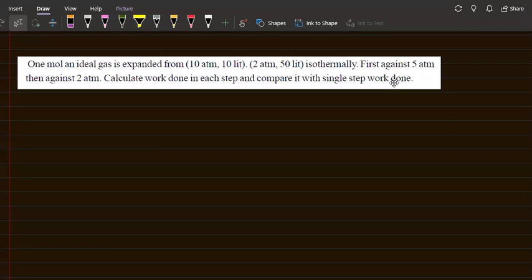Everyone, try to solve this problem. Can you see the problem? Everyone can see the problem, right? Okay, very good. Write down the information which is given, figure out what the process is, then move forward.